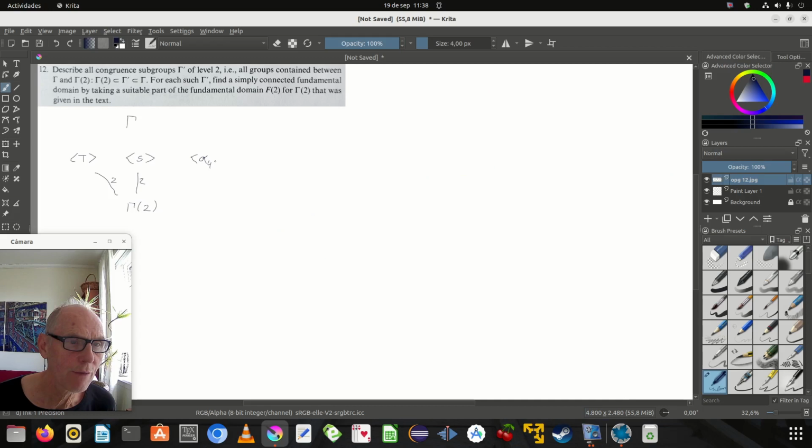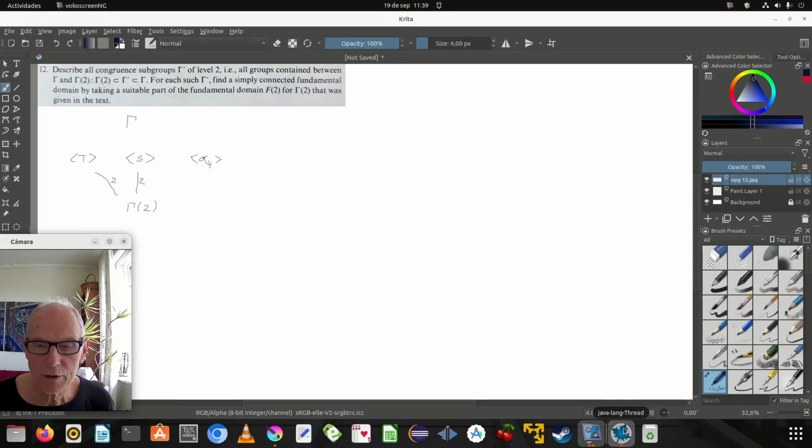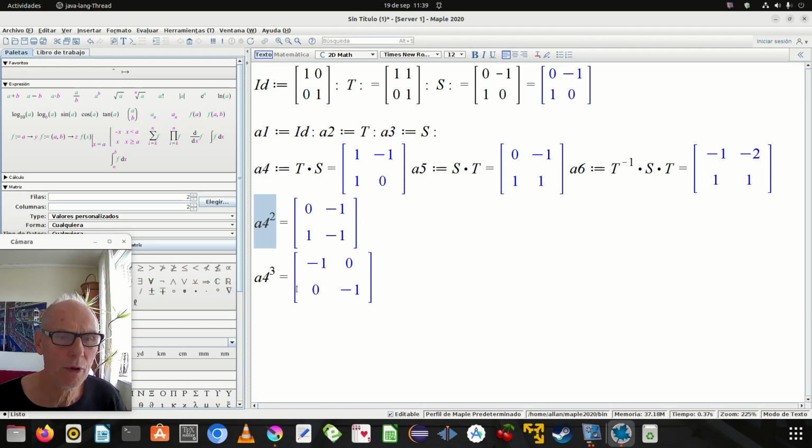I write alpha 4 like they do in the book. I believe there is only one set of alpha, so I believe that's gamma 6 and gamma. This is another family.